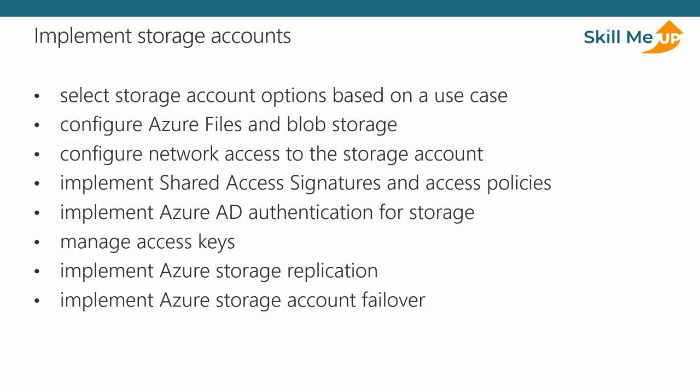Configuring network access to the storage account, when talking about that, they're talking about the actual firewall, the actual control, and who has access to the basic interface of the storage account. This does not prevent somebody from authenticating to it if they're in the firewall range. So just because you may have granted an IP access to the storage account, that doesn't mean they have access to the data within that storage account.